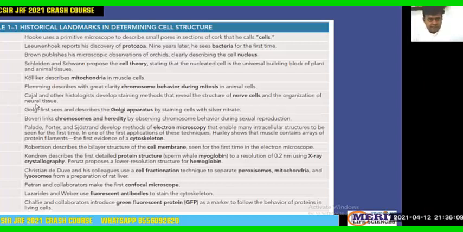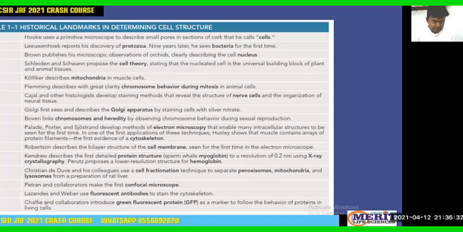And about Cajal, a question was also asked last year. Cajal and other histologists developed a stunning method that reveals the structure of nerve cells and the organization of neural tissue. Golgi first saw and described the Golgi apparatus, Boveri chromosome heredity, Palade and Porter electron microscopy, and then the cytoskeleton.